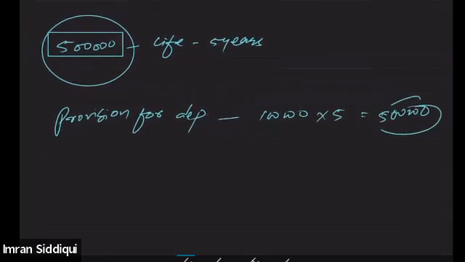Got it? So we prepare provision for depreciation so that we can easily be in a position to restore the machine once it gets depreciated completely. We will have a sufficient amount of funds using which we can purchase a new machine.